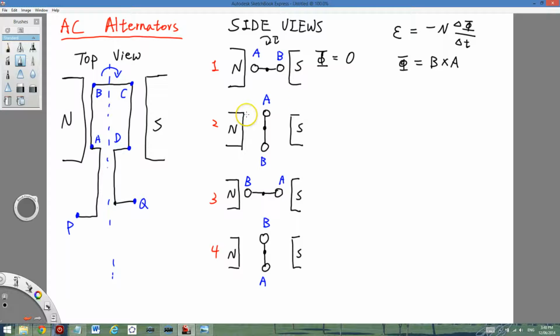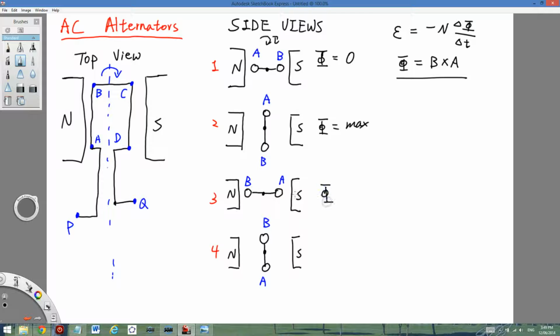As we turn it 90 degrees over, the magnetic flux is maximum, because at position 2 we have maximum area under the influence of the magnetic field. They are perpendicular. When it's flat, all the area is in the parallel direction. When it's perpendicular, it's maximum.